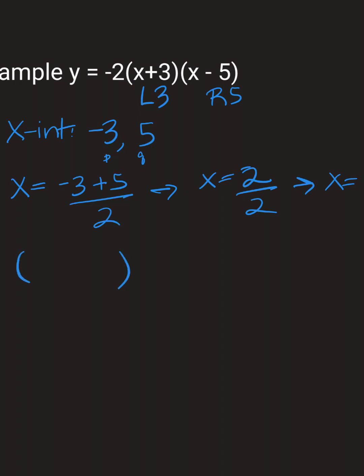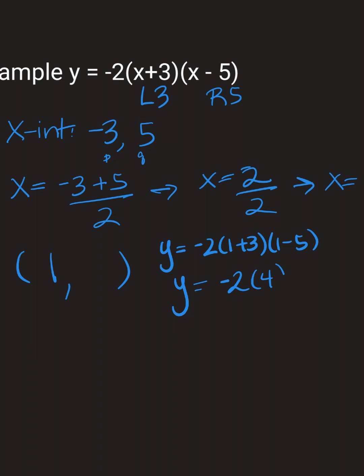And then for my vertex, I know 1 is the x-coordinate, so I'm going to substitute 1 into that function to find y. So y equals -2 times 4 times -4.